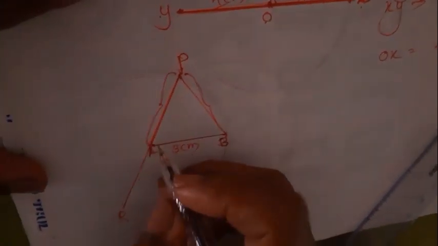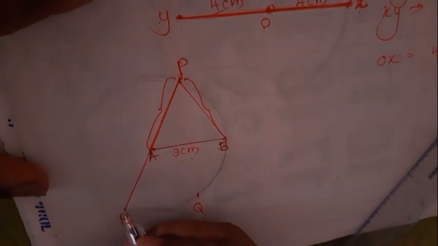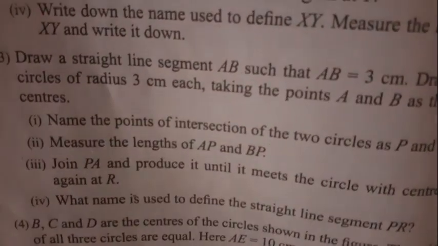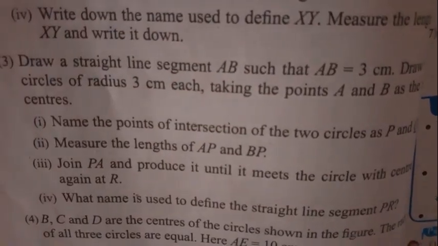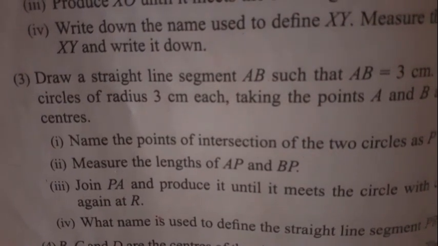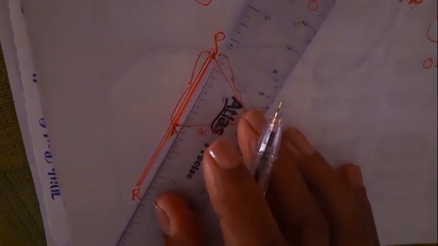Here I have to mention R, because now I join PA and extend that line until it meets the circle, which I mark as R. What name is used to define the straight line PR? You have an idea what the name of PR is. You can see PR passes through the center.